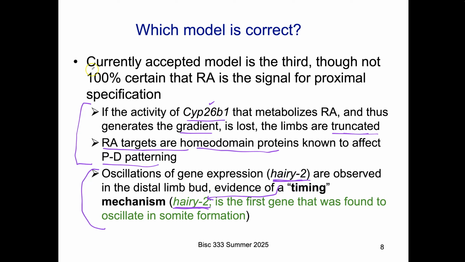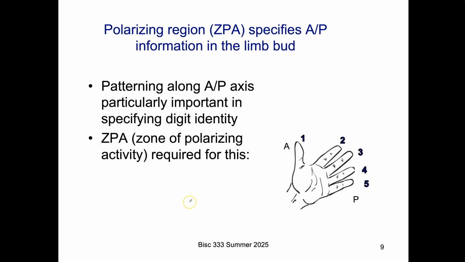So this is the evidence. We know the retinoic acid gradient evidence, and we know the oscillation part. There is additional evidence, of course, but these are the compelling ones that make it seem like this is the correct model.